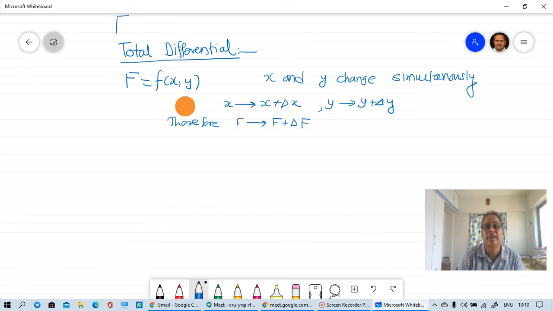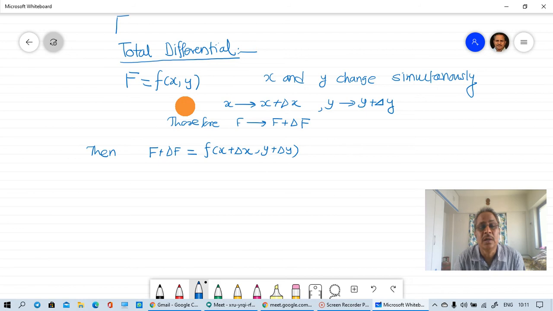So the dependent variable changes by delta f because independent variables x and y are changing simultaneously by delta x and delta y respectively. Then I can write f plus delta f is now a function of the changed variables x plus delta x and y plus delta y.